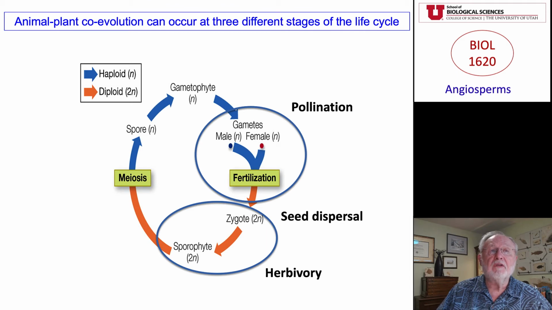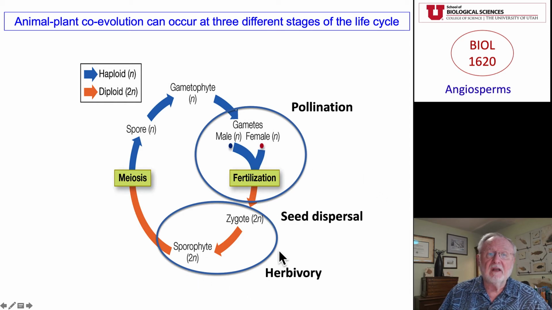Animal coevolution with plants occurs at 3 different stages of the plant's life cycle. We find that there are plant-animal interactions associated with pollination, that is the transfer of pollen grains from one plant to another. Once a fertilization event has taken place and there's a new seed, we find plant-animal interactions evolving with seed dispersal.